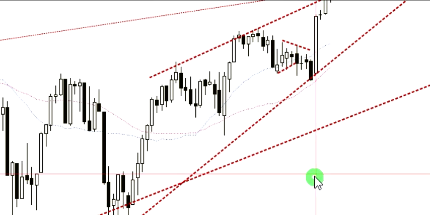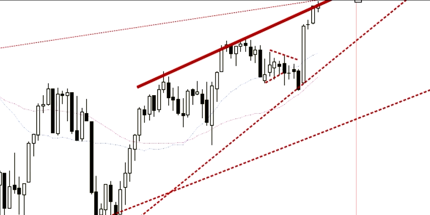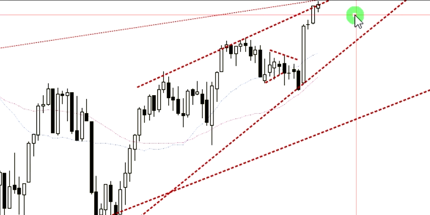We've been talking about this thrust up here being a certain size, and then this thrust up here being smaller, and then this particular thrust up would be even smaller. You can see just visually, this one's smaller than this one, and this one is smaller than this one. And this is characteristic of an ending diagonal pattern.